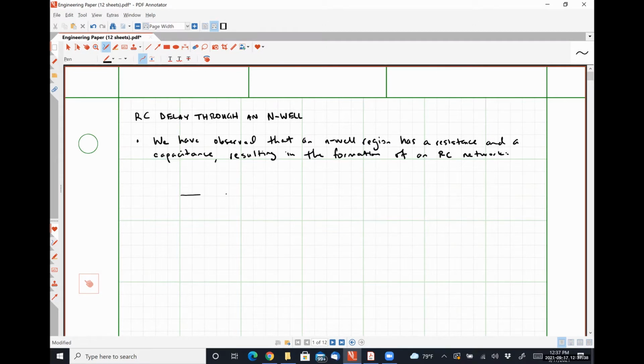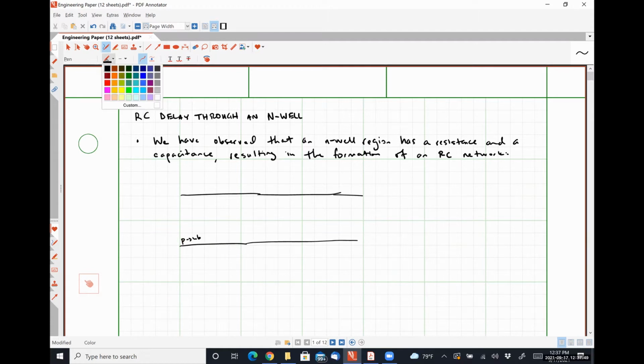So, kind of symbolic representation of what's going on here. Here we have our substrate. I have my N-well region, which I'm drawing in purple.